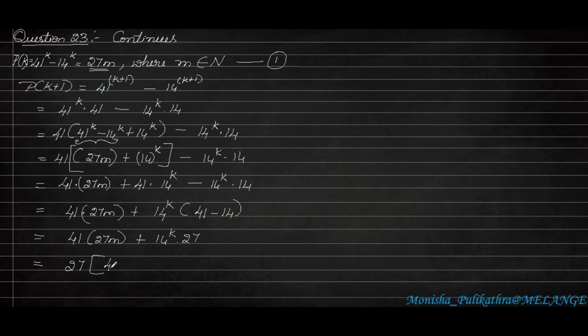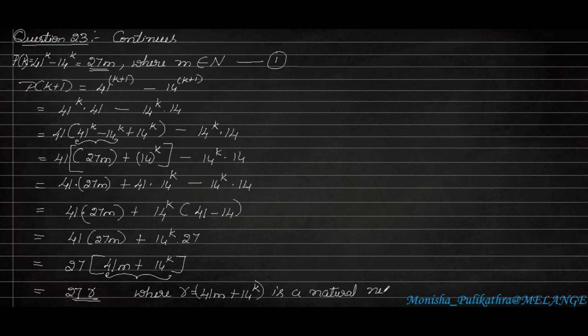If I take 27 common, the remaining is 41m plus 14 to the power of k. Now this becomes a constant, so I will take it as 27r, where r is equal to 41m plus 14 to the power of k. So this is a constant and it is a natural number.